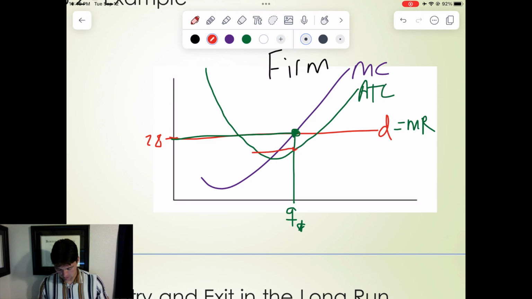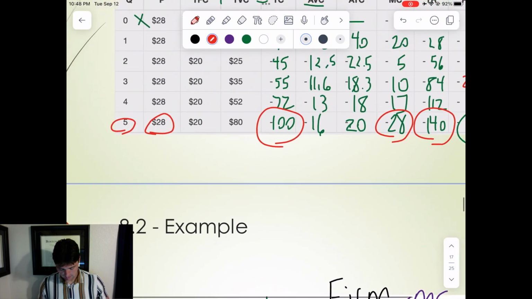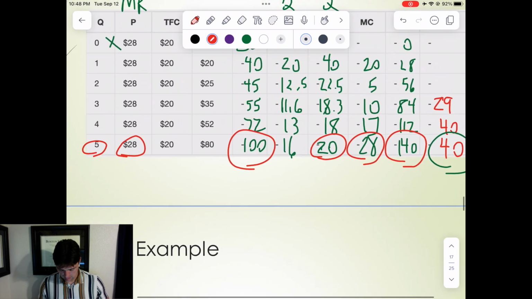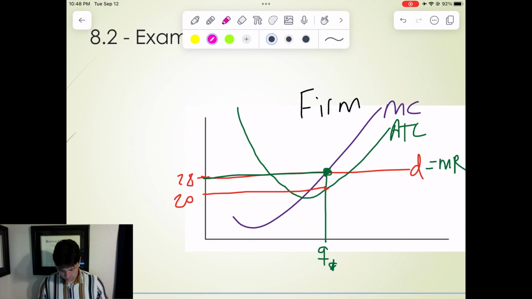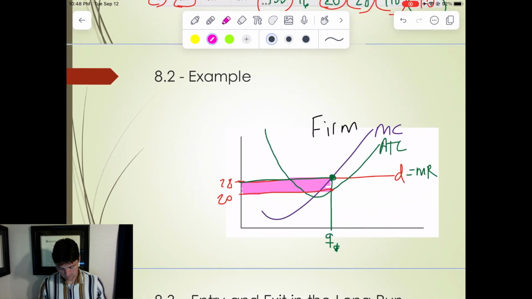So that way my ATC is here, which is 20. So this area is my profits. So that is everything you need to draw a firm graph. You need a demand curve, marginal cost, and quantity, and ATC. And then there you can find the profit or the losses or the break-even point.